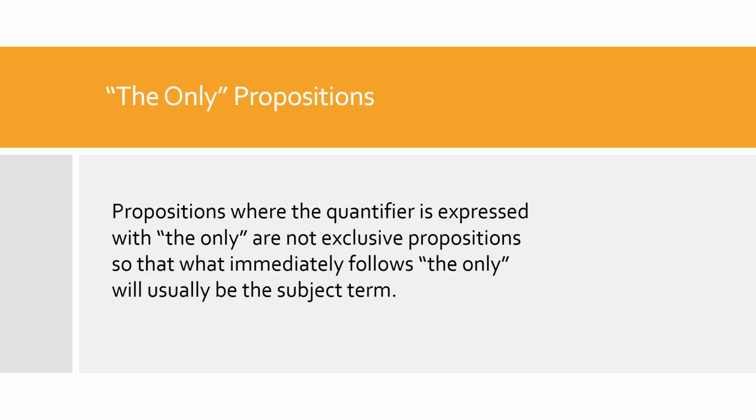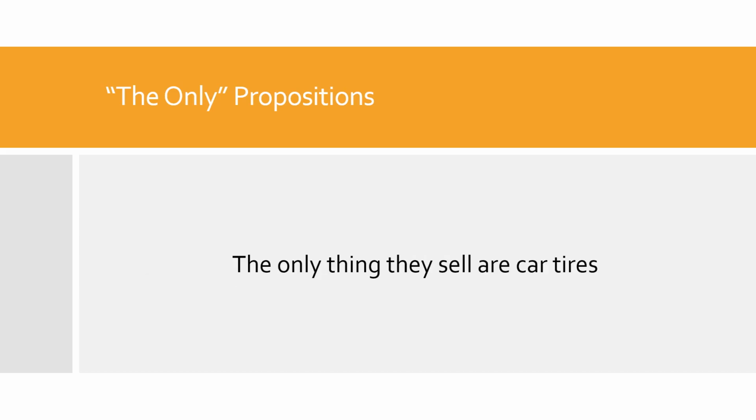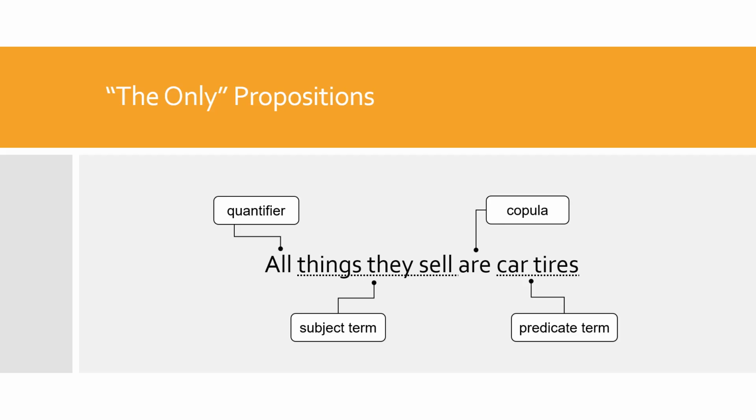That means what immediately follows the only X will typically be your subject term, not the predicate term. Let's take a simple example. The only things they sell are car tires. Notice, the only is not an exclusive proposition, so what immediately follows should be your subject term. And what you end up with is all things that they sell are car tires.